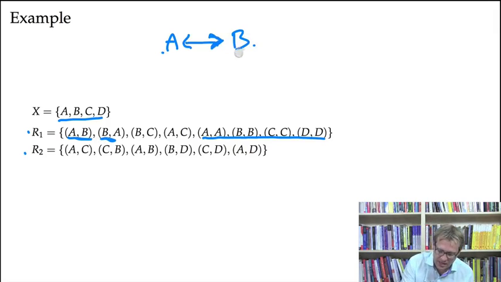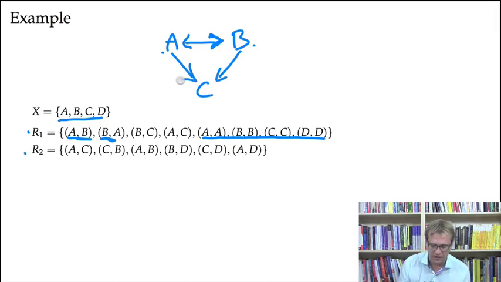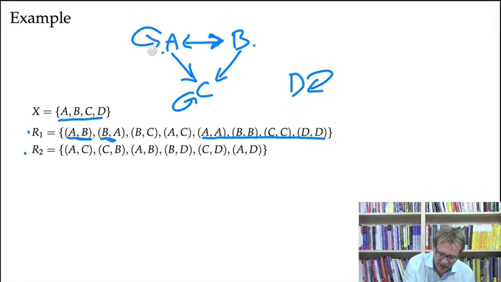Note that B is related to C and A is related to C, but we don't have any pair CA or CB in R1. And finally, we have D, which is not related to any of A, B, or C. Since it's reflexive, we need to add these reflexive arrows.